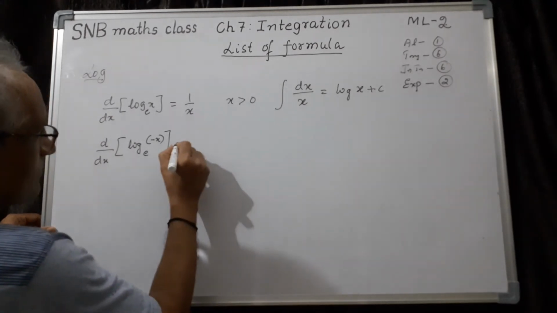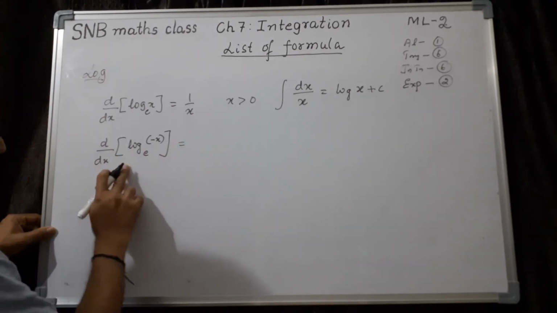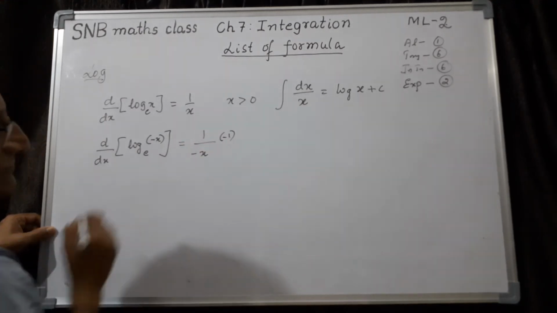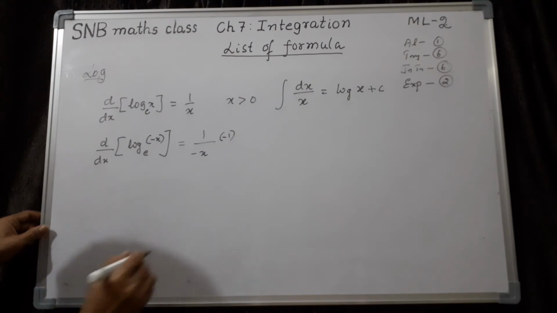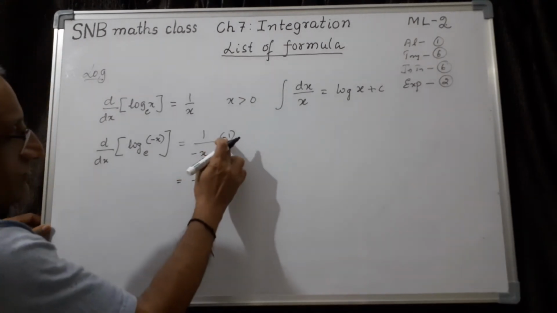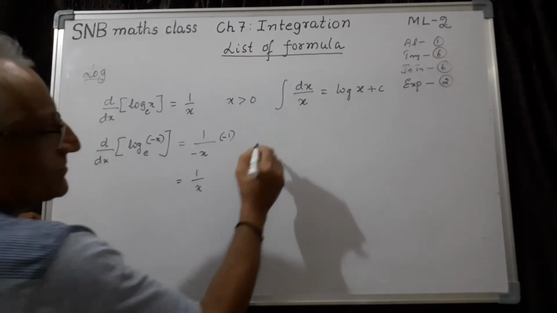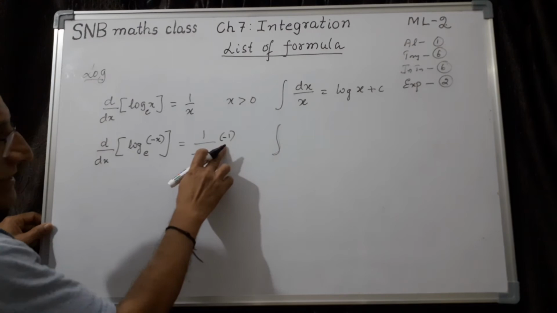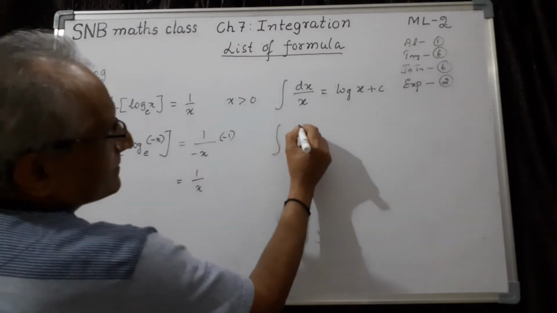What is the differentiation? It is 1 by minus x into minus 1. So this is 1 by x only once again, because minus 1 cancels, here also minus 1, here also minus 1 cancels.